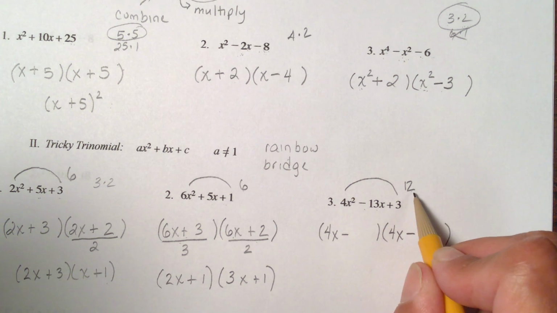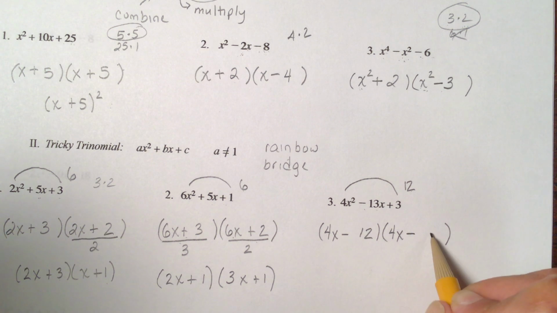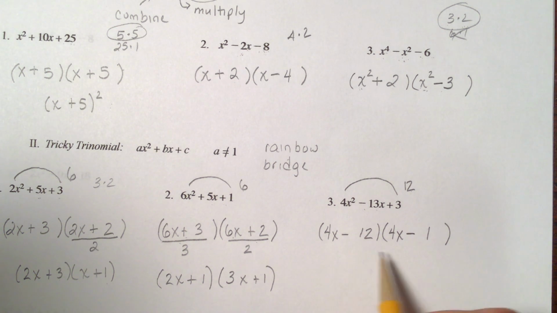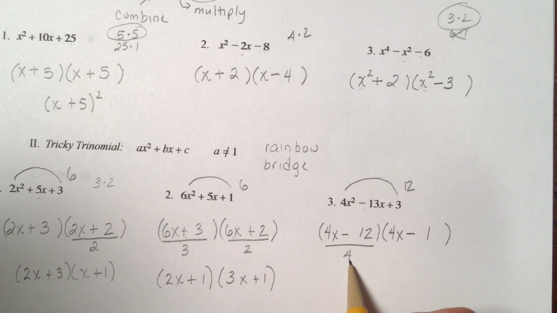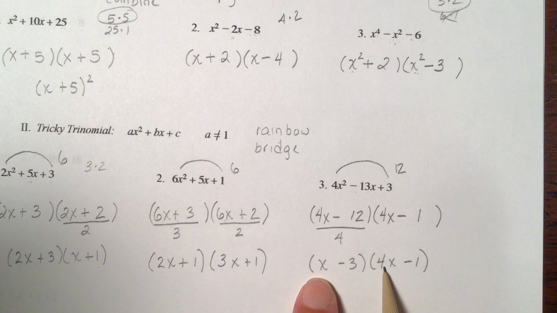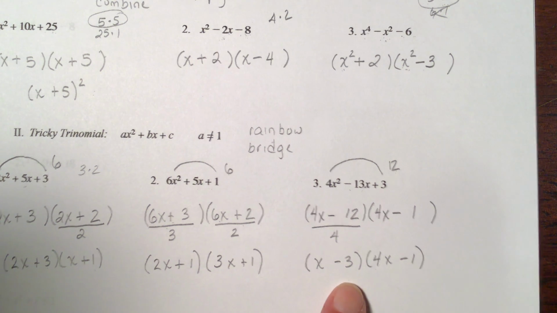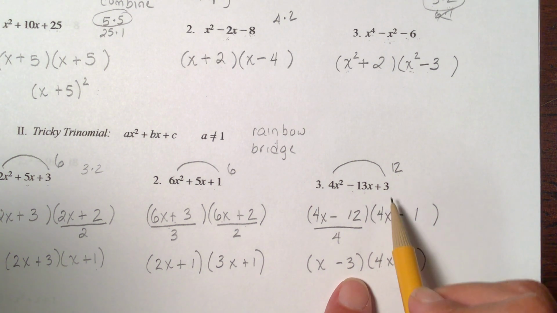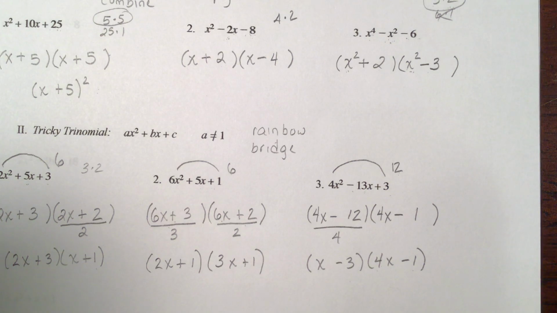And that's going to be 12 and 1. I put in a factor of 4. I have to divide it out. x minus 3, 4x minus 1. 4x squared minus 1x minus 12x gives you the negative 13x. Negative 3 times negative 1 gives you positive 3.